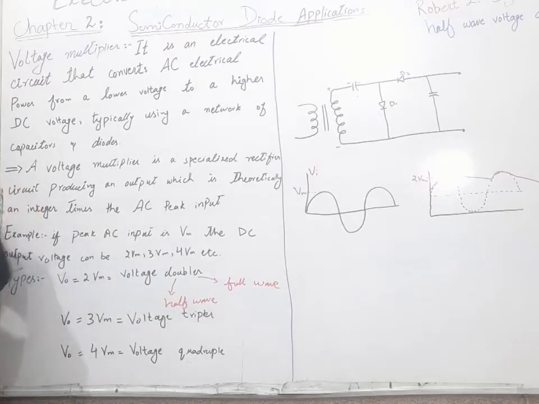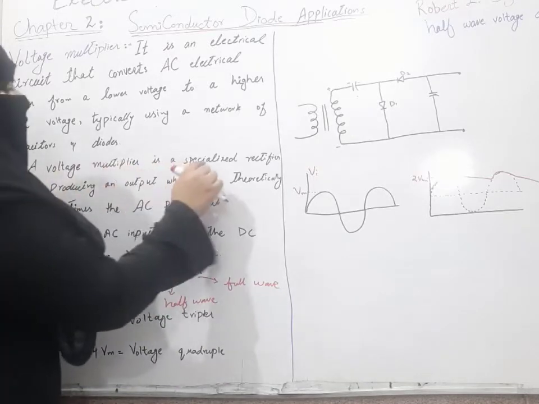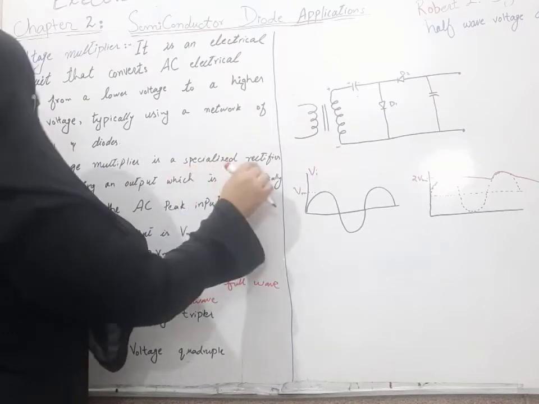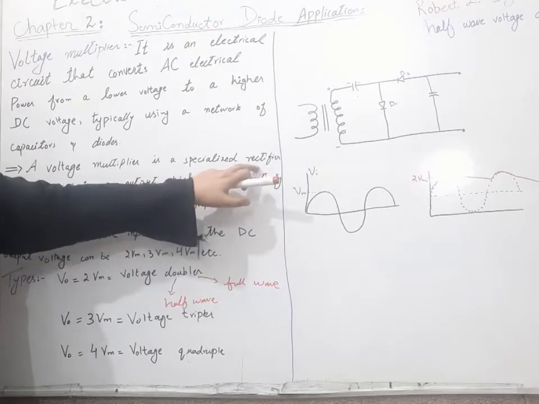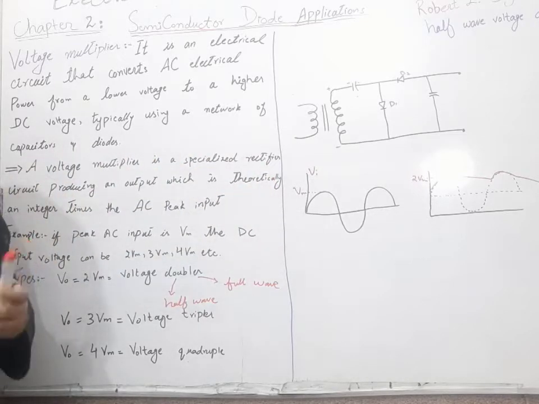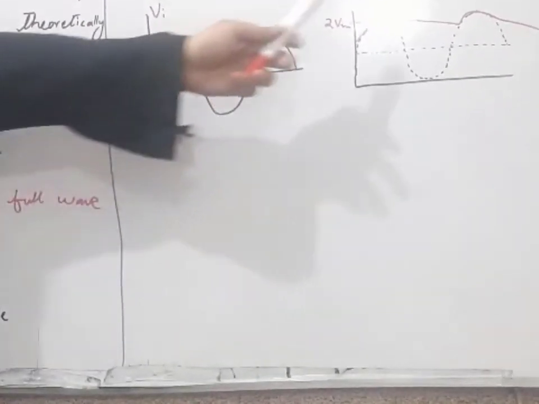We have discussed that a voltage multiplier is a specialized rectifier circuit. What is the difference between the rectifier and the multiplier? We have discussed that in our rectifier lecture. A rectifier basically converts the AC input signal into a DC signal.